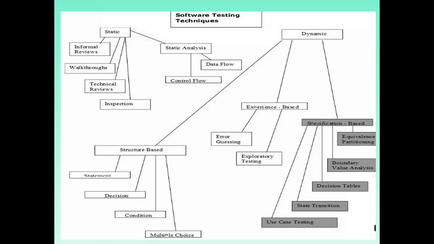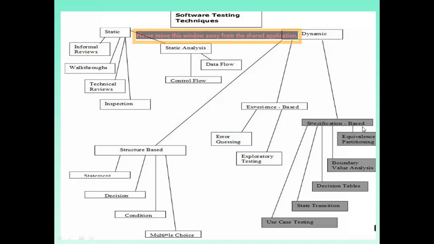In case of the dynamic, we again divide the problem. Experience based means error guessing; we find some errors on the basis of our experience. Exploratory testing is also based on experience.